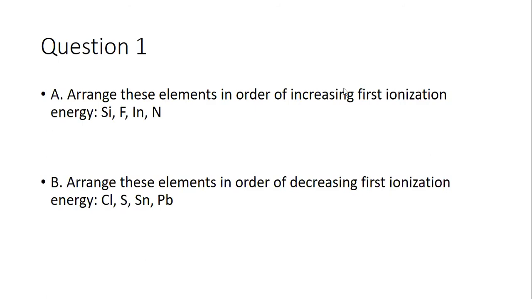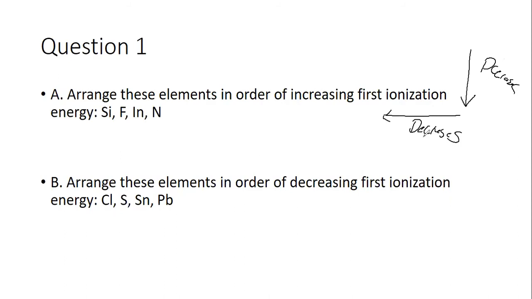So remember, when we're looking at the trends here, as we go down the periodic table, it decreases. As we go to the left, it also decreases. So a lot of this is a game of find the element.